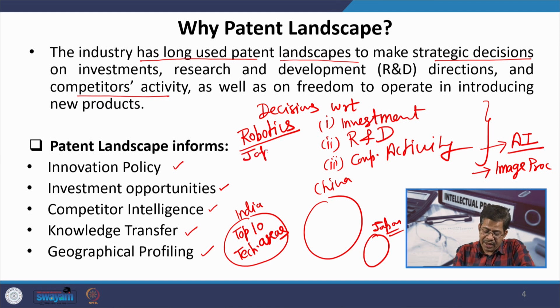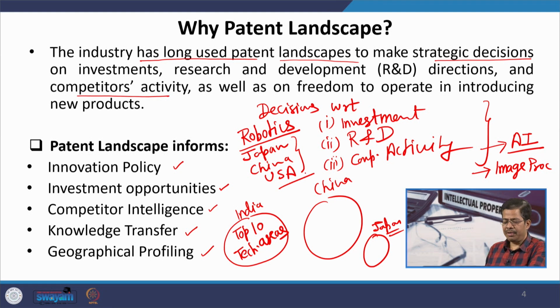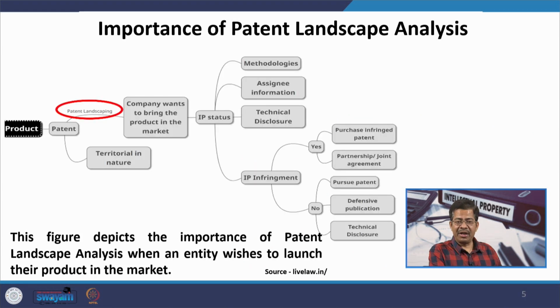Maybe Japan is the leading technology producer, followed by China, followed by USA, etc. So, this way we will be able to do geographical profiling also, which is very important, and in fact this type of profiling is done at the national level, so that we can understand the strategic direction in which the country is investing for its R&D efforts. So, all those things are very easily possible with patent landscaping. That is a very important purpose of patent landscaping.